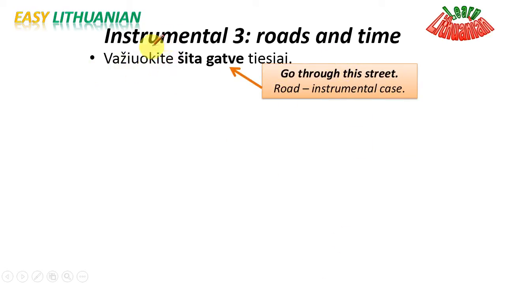This is the plural imperative for the second person plural. Važiuokite šitą gatvę tiesiai. Go through this street straight. So šita gatvė turns to šitą gatvę. This is instrumental because you go through the street or along the street.